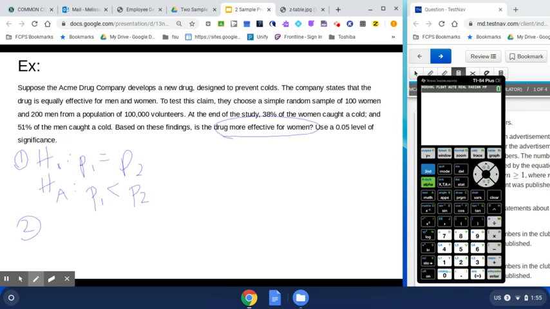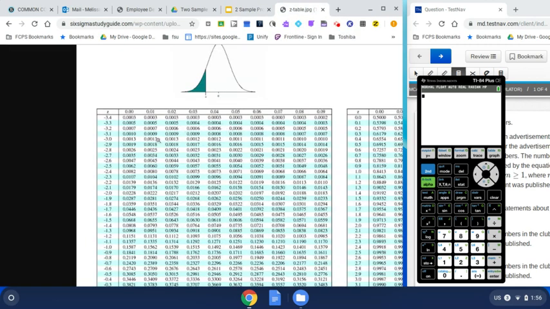All right, step number 2. To test that alternative hypothesis where P1 is less than P2, we would shade the left tail region. We're using an alpha value of 0.05. So if I look up 0.05 in the middle of the Z curve, let's go to that Z chart for a second.